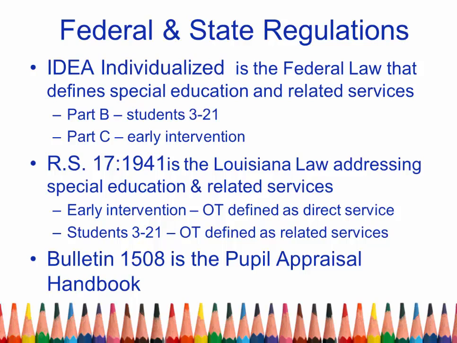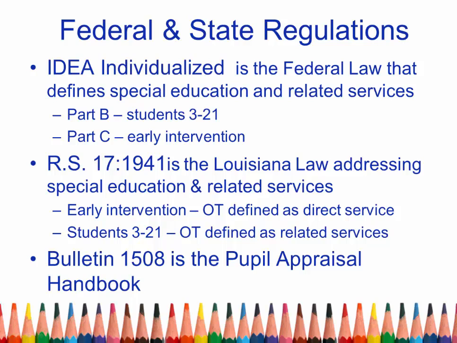There are many sections within this law, but to pinpoint our focus on occupational therapy, it provides services for early intervention, which is children birth to 3 years of age, and under that, OT is defined as a direct service, which means we can go into practice directly with the child individually, and we don't have to have another discipline.